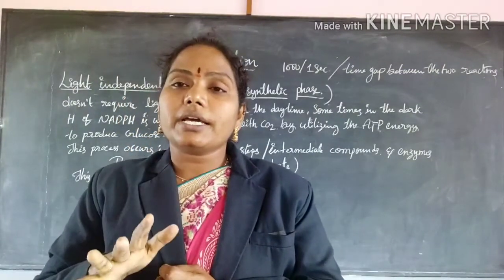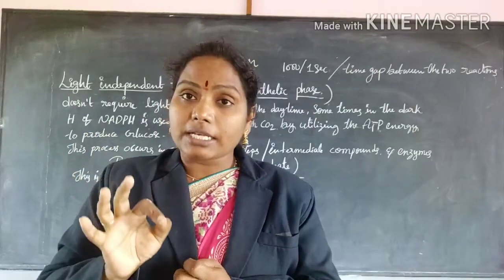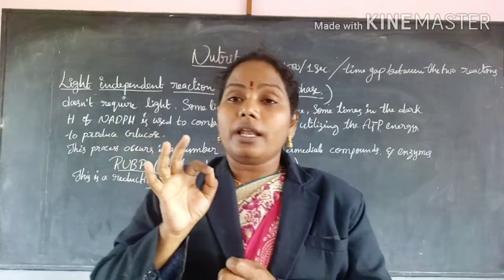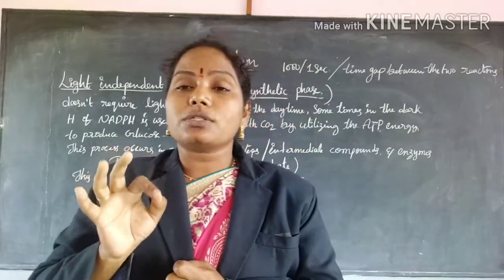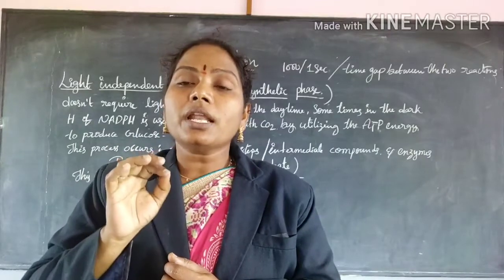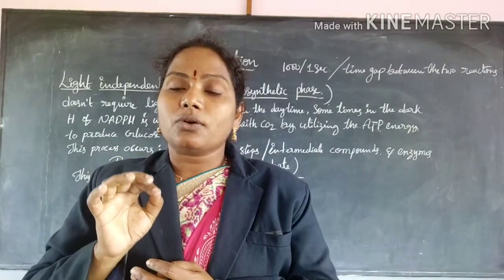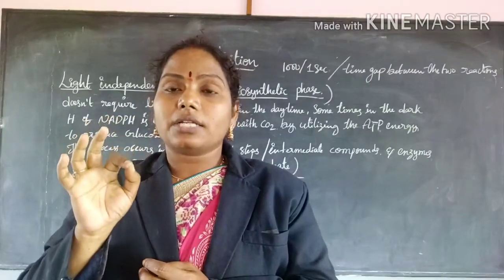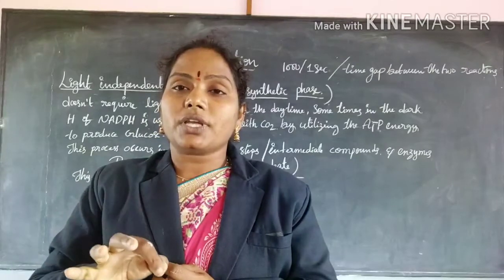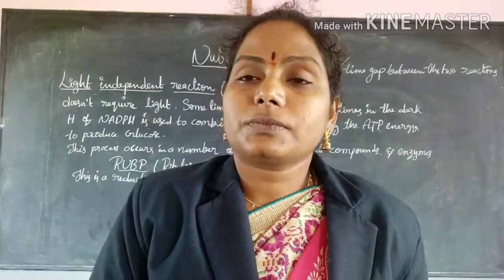The intermediate compound is RUBP, and this dark reaction goes on in stroma. The light reaction goes on in grana. Dark reaction goes on in stroma. This dark reaction is known as reduction reaction.